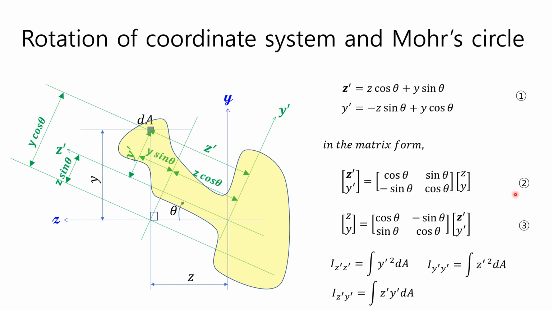Using the matrix equation 2, the relative equations can be derived to obtain the second and the product moment of area for the rotated coordinate axis. It is also possible to obtain the original coordinate zy from the rotated coordinates z prime y prime using the inverse matrix.